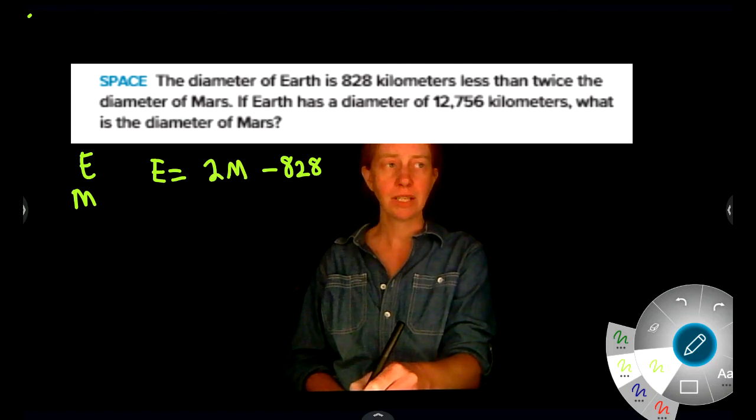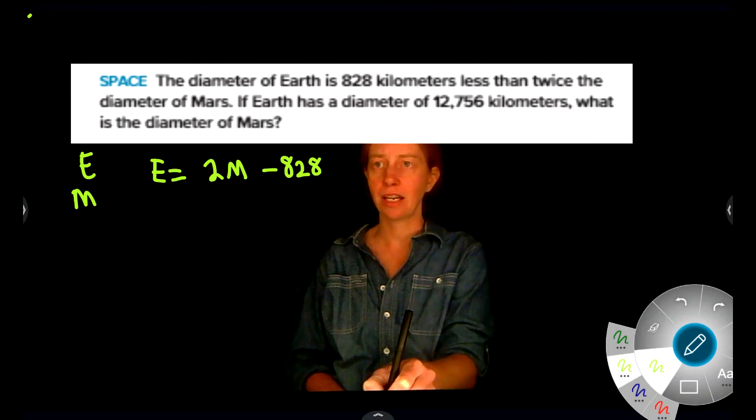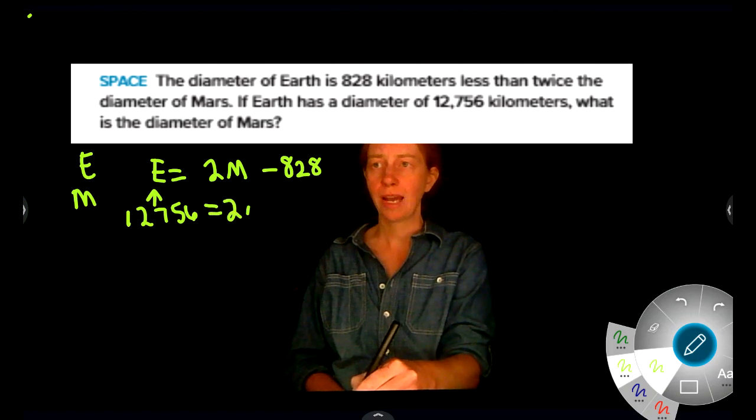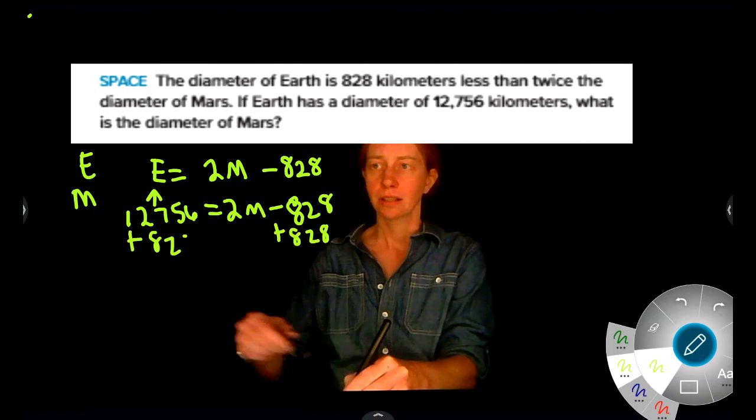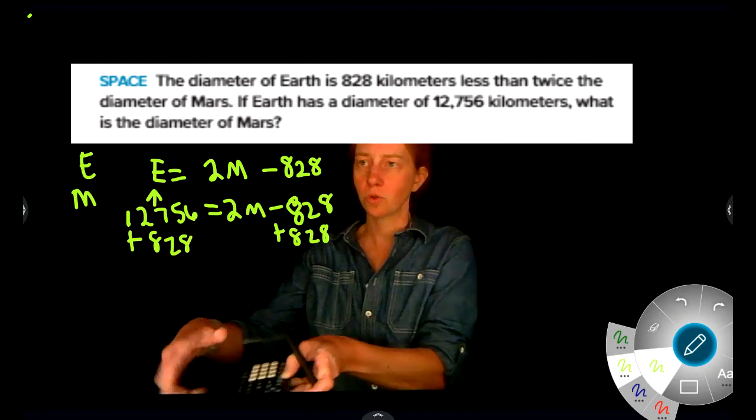Now it also tells us that Earth has a diameter of 12,756. So I can substitute this E here for 12,756 equals 2m minus 828. I'm going to add 828 to both sides. So let's do some calculations.